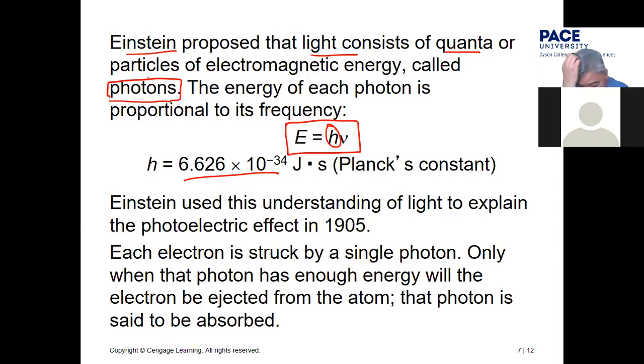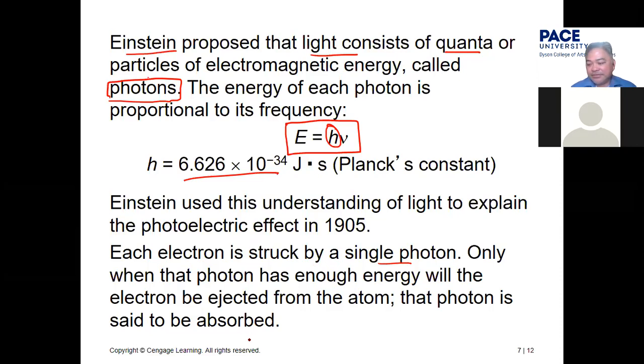So what Einstein did is he used his understanding of light to explain the photoelectric effect. He said that each electron is struck by a single photon, and only when the photon has enough energy will the electron be ejected; that photon is said to be absorbed.